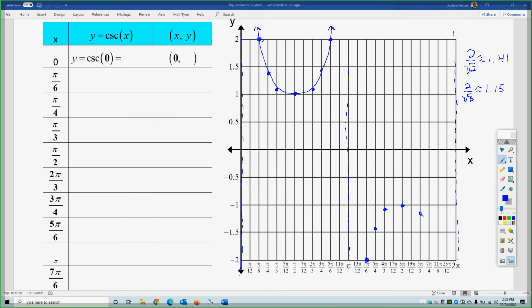And 7 pi over 4, I'm at negative 2 over root 2. And lastly, 11 pi over 6, we're at negative 2.